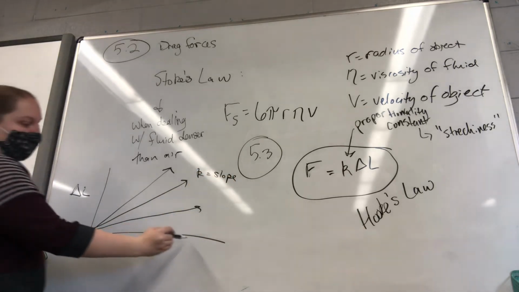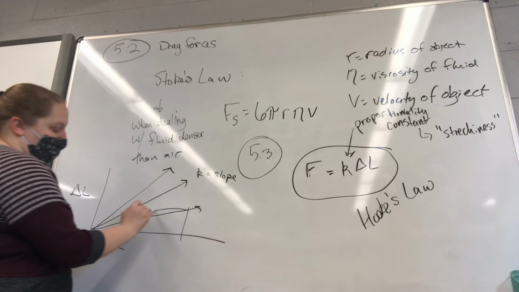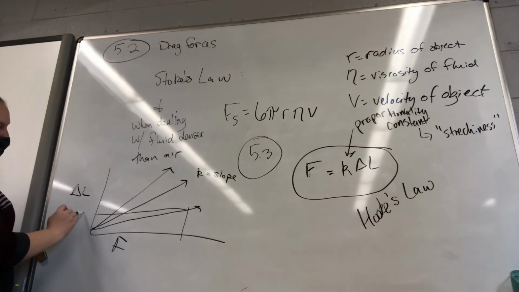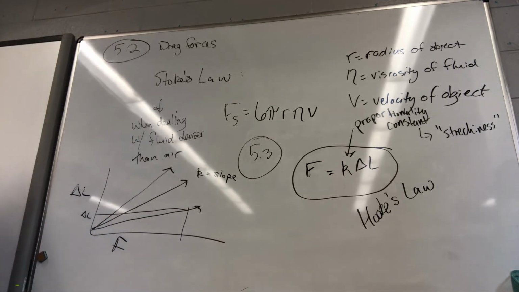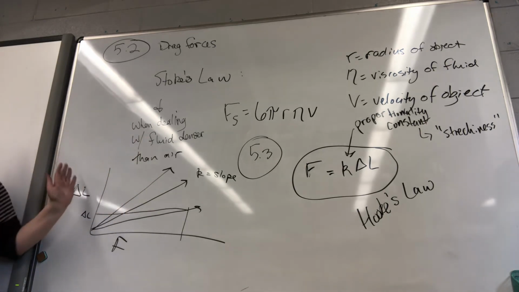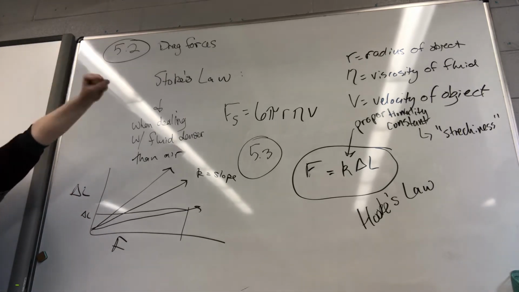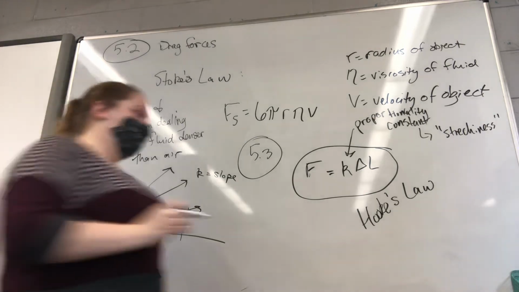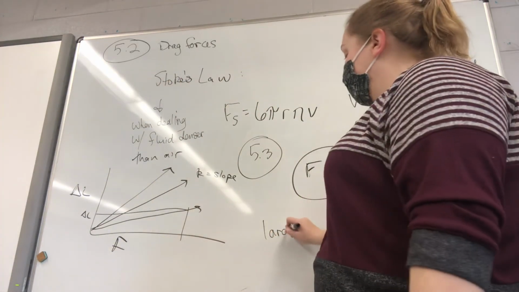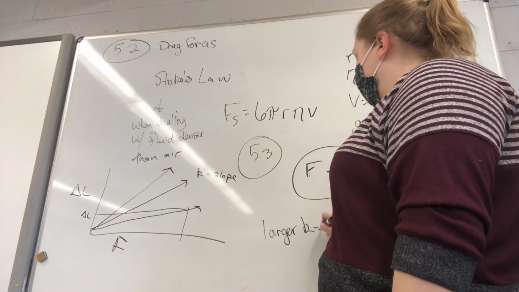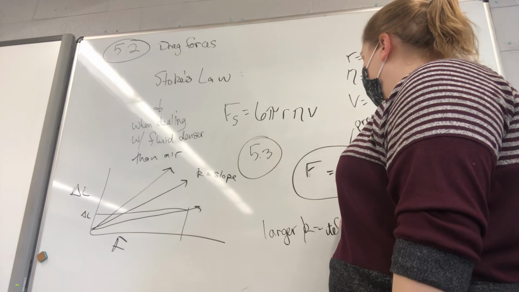So with greater forces, objects that do not deform as much are not going to be very stretchy. So the steeper the slope, the more stretchy the object is, or the more able it is to be deformed and come back to its normal. Does that make sense? Greater the slope, so larger K, equals more deformed.